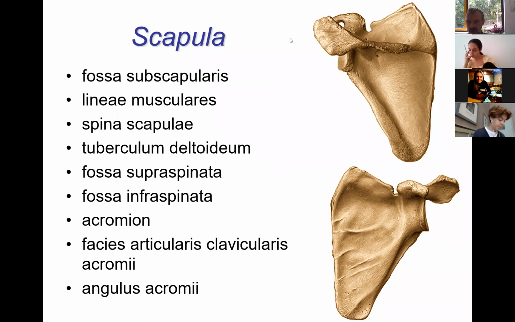We have here some structures, so let's start to talk about them. The subscapular fossa is the majority of the anterior surface. And it serves as an origin for the muscle of the same name, the subscapularis muscle. So the whole fossa is filled with the muscle which is attached to the bone there.